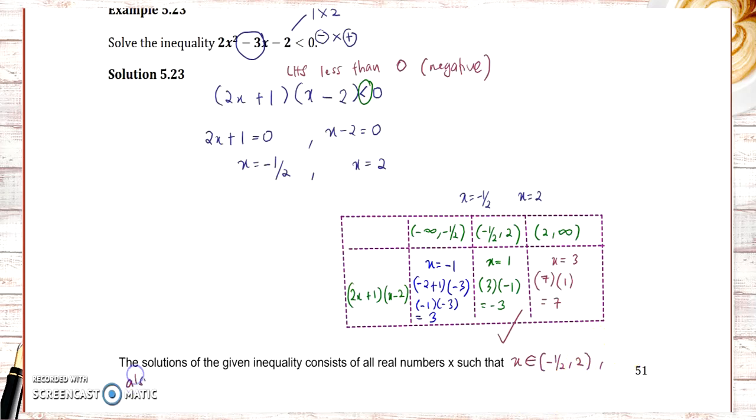Or it can also be written as the interval x greater than negative 1 over 2 and less than 2.